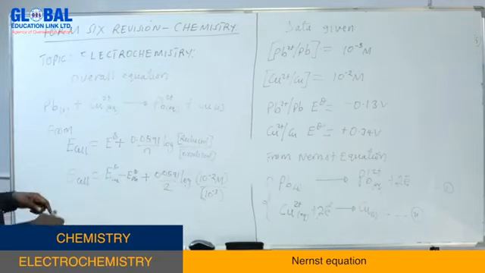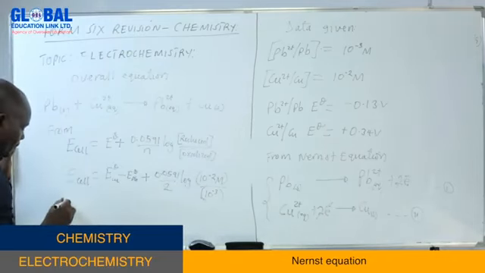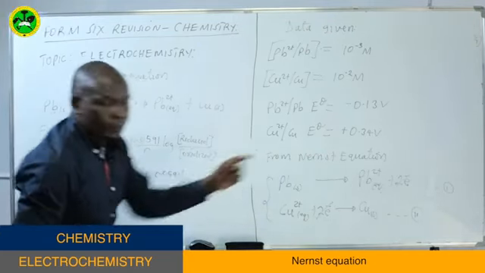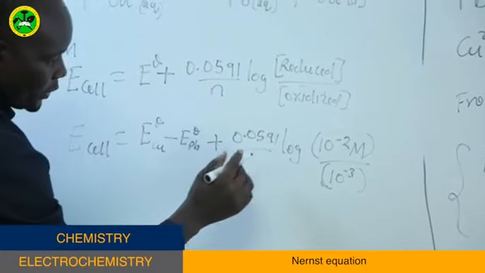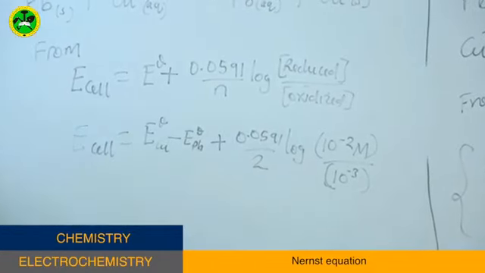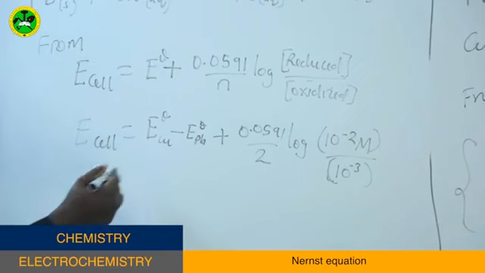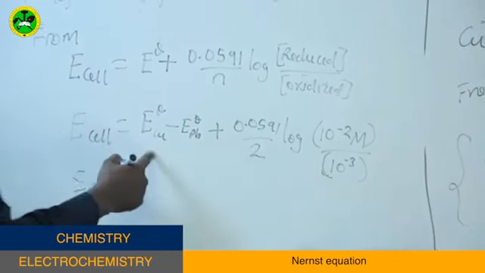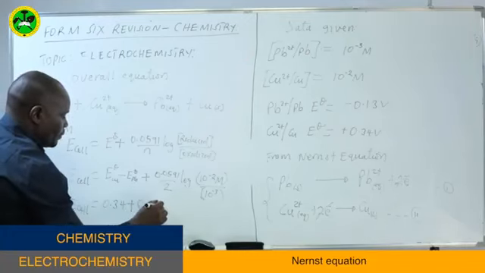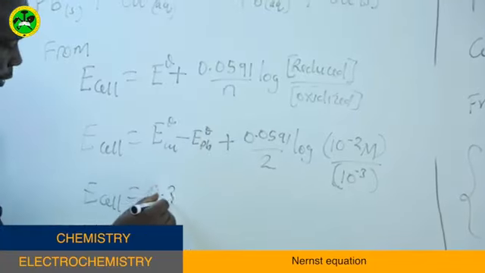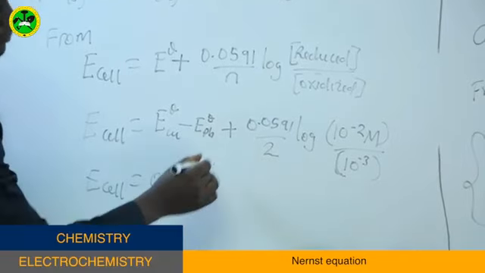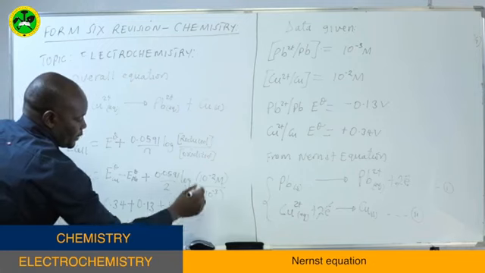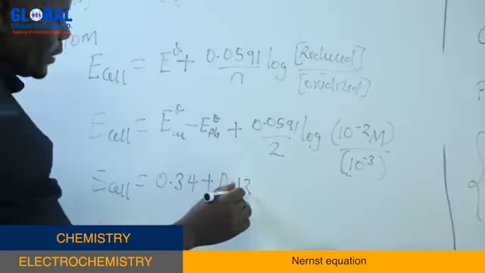Now if you use your calculator, remember that here E of a cell, the standard electrode potential of copper is 0.34, then minus, so it will be plus 0.13, the standard electrode potential of lead. Then plus 0.0591 over 2, then times log of this one. If we divide, you'll get 10.